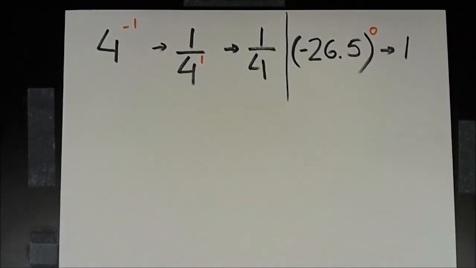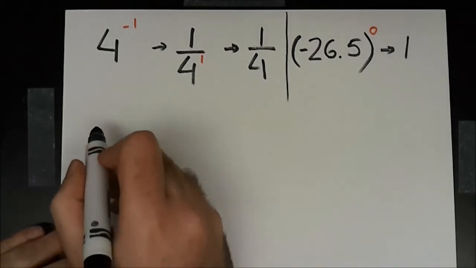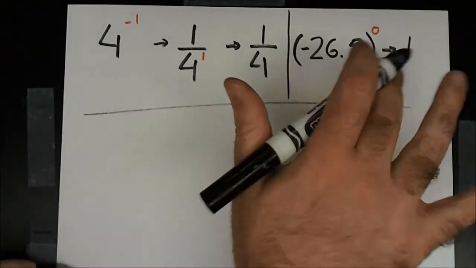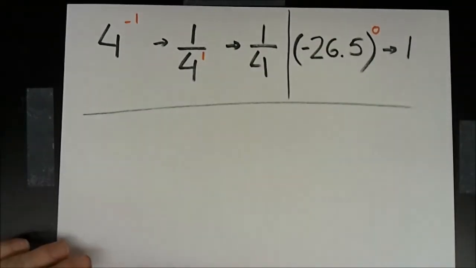Just 1. I picked that on purpose. You're probably getting scared. Oh my god, we have to do some crazy multiplication. Nope. Taken to the 0 power is just 1. Easy as that. Alright, let's take a look at another example here. And yes, keep writing these down. You're awesome like that.